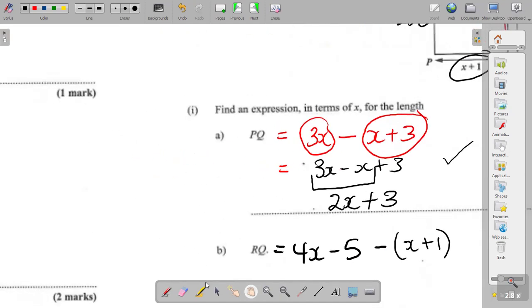Let me explain something to you. If I ever see this, minus 2x plus 1, what does this mean? This doesn't mean everything in here times negative 2. Follow me, because this is something I need to clarify right now.